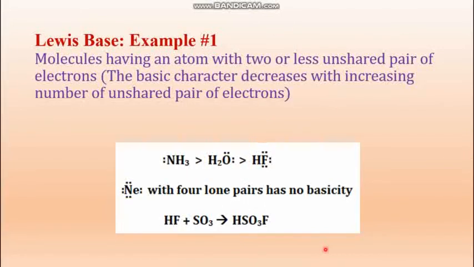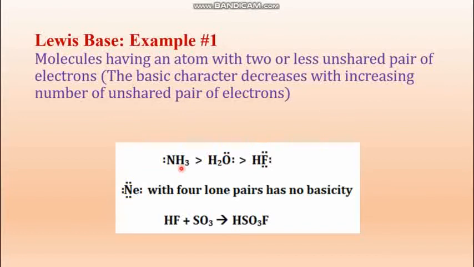The molecules having an atom with 2 or less unshared pair of electrons are Lewis bases. Now if the number of unshared electrons increases, then the basicity decreases. In the case of ammonia to water to hydrogen fluoride to neon, we find that the number of lone pairs of electrons increases from a single pair to double pair to triple pair to 4 pairs.